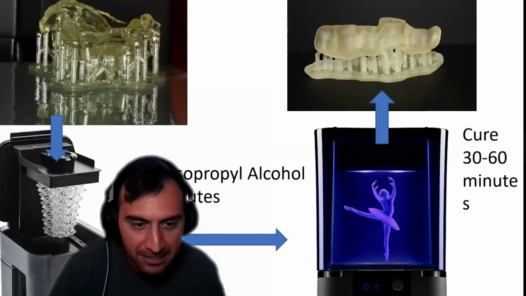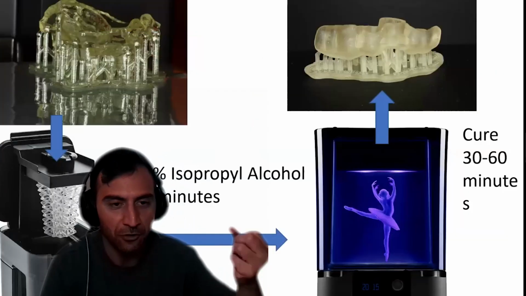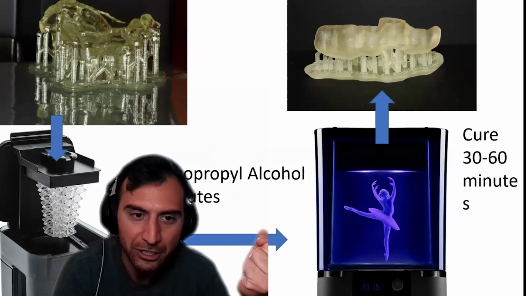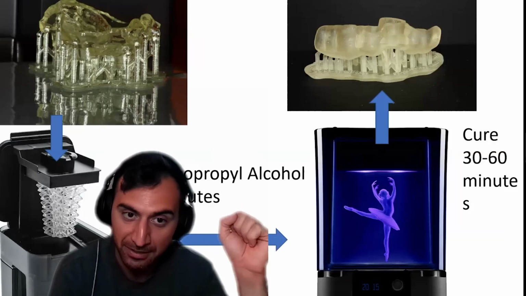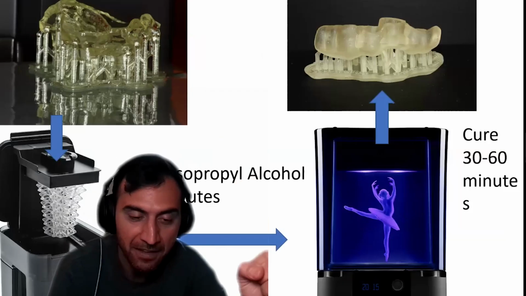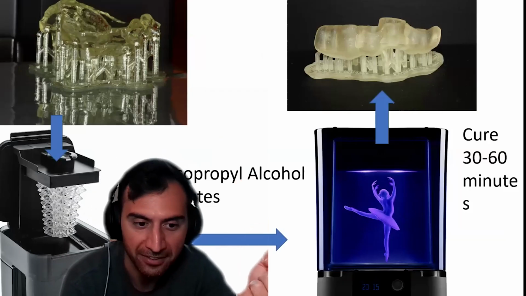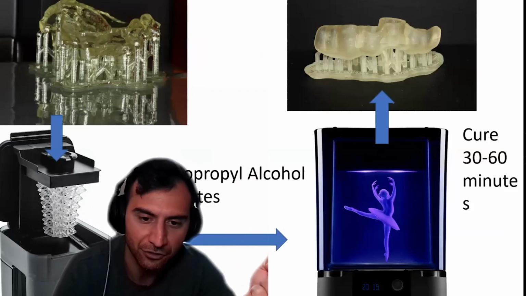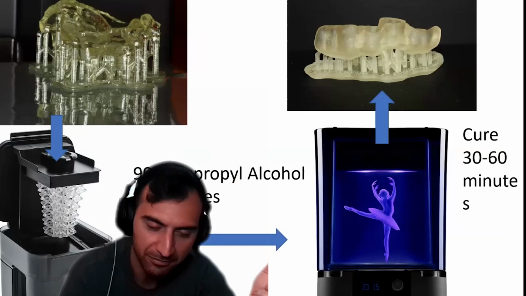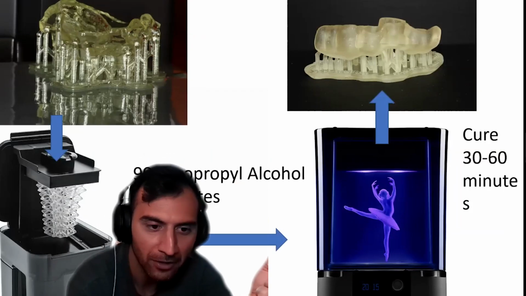Once it prints, it normally comes out of the machine on the build platform, and it's normally gooey with excess resin because it's been sitting in a pool of liquid resin. You have to wash off that extra resin, normally in a really highly concentrated alcohol. We're talking like 99.9% isopropyl alcohol.